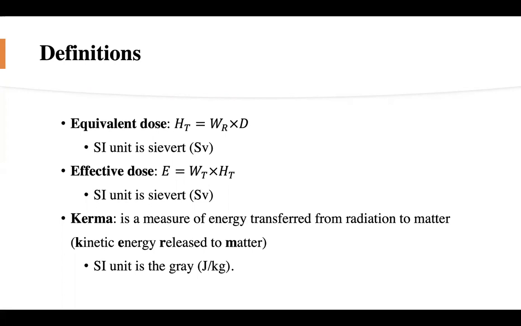Effective dose also, we want to, because the body does not have the same sensitivity to radiation. For example, if you expose the whole body to X-ray, the eye has a specific sensitivity, and the hand has a different sensitivity to the exposure.